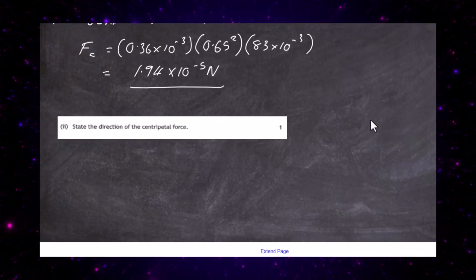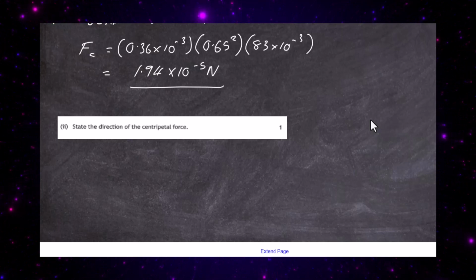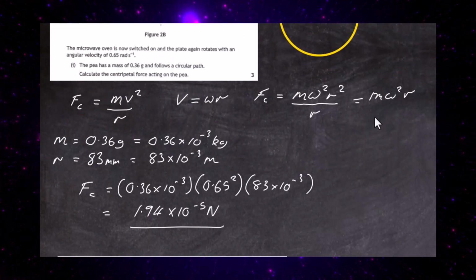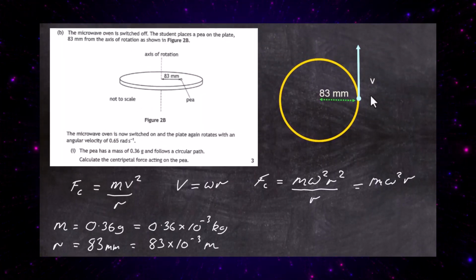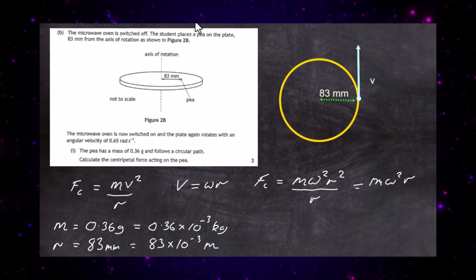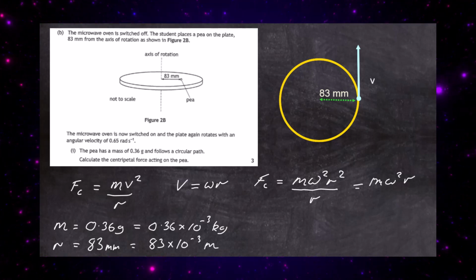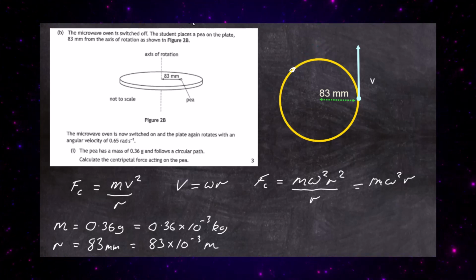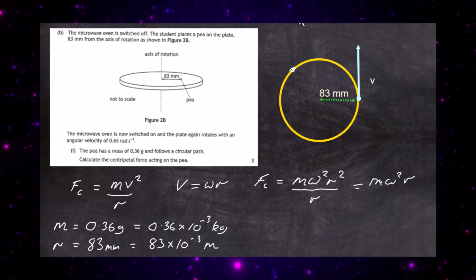Part 2 of that first question, for 1 mark, says state the direction of the centripetal force. So we go to our diagram. We know that the centripetal force always acts towards the centre, and therefore we can draw in the centripetal force acting on the P. If we draw the P at this position here, the centripetal force is always going to act towards the centre, and we can draw it like that.